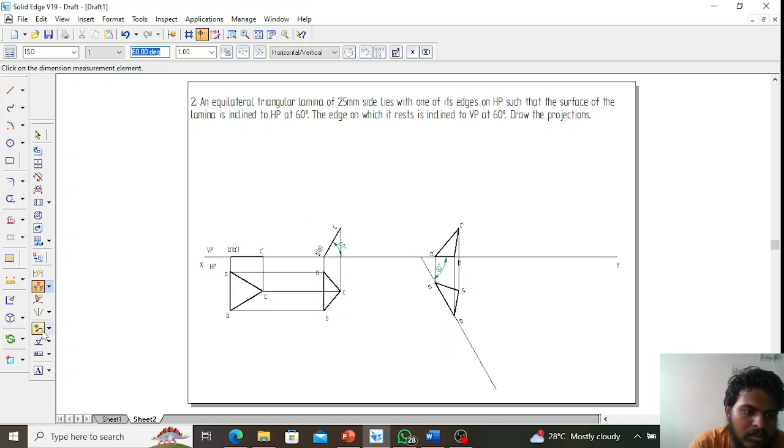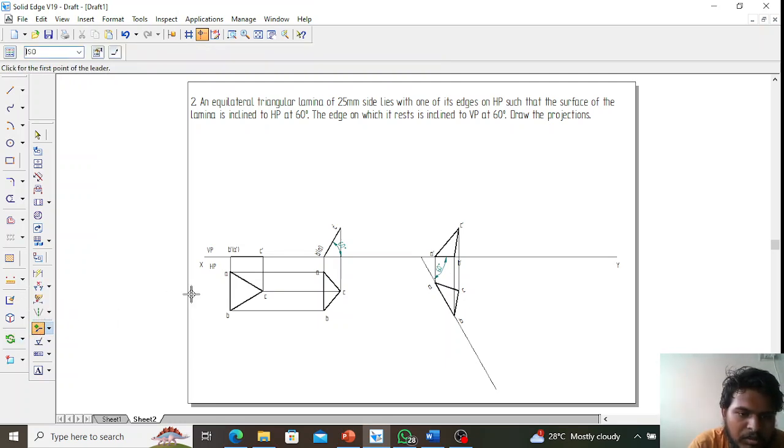Now we will show the arrows. So select the leader option and then show the arrows from here to there. So all the arrows are shown, and similarly from here to here.